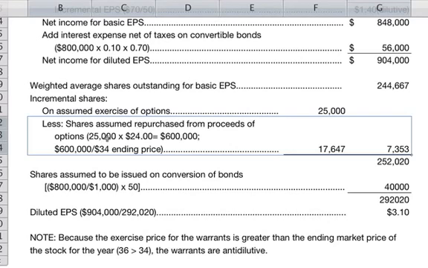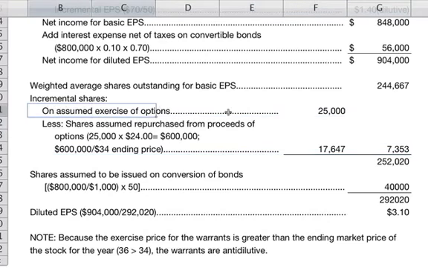So you take the 25,000 shares times $24 per share. That is $600,000. Then you divide the $600,000 by the $34 ending price, and that gives you 17,647 shares.